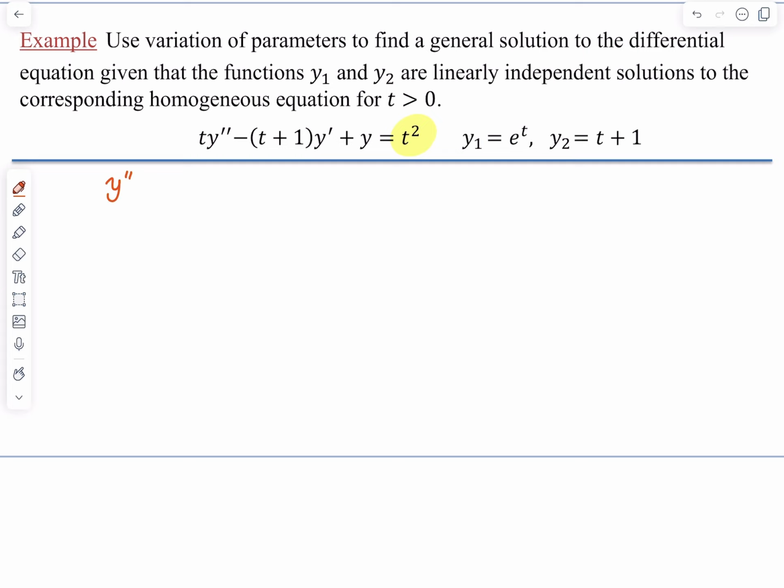So we have y double prime minus t plus 1 divided by t y prime plus 1 over t y is equal to t. So we now see that f of t, or we could call it g of t, since the original was what we called f of t.